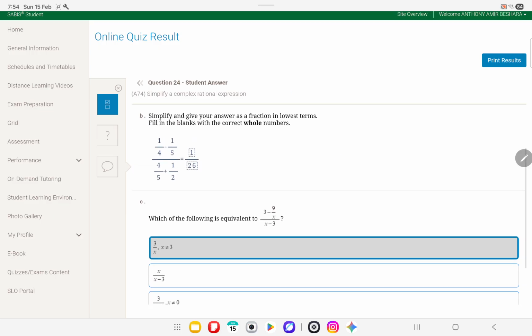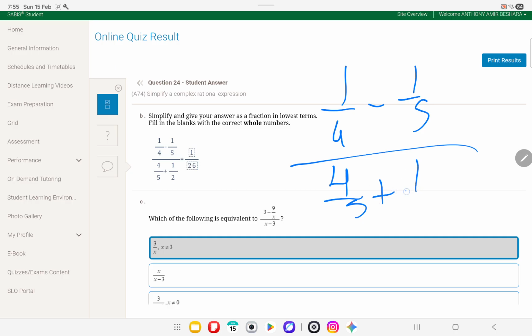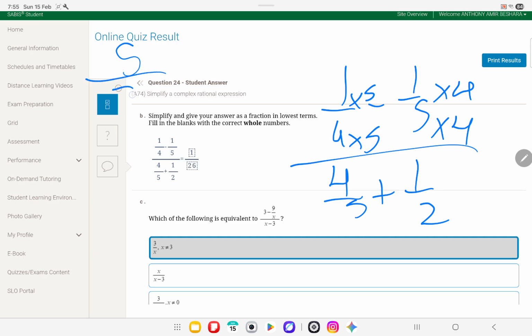Then we have 1 over 4 minus 1 over 5, all over 4 over 5 plus 1 over 2. So first we have to make these denominators the same. The least common multiple is 20, so we do times 5 and times 4. So it'll be 5 over 20 minus 4 over 20, all over.